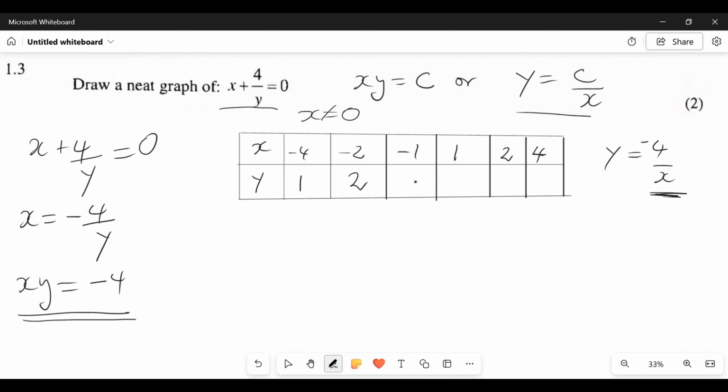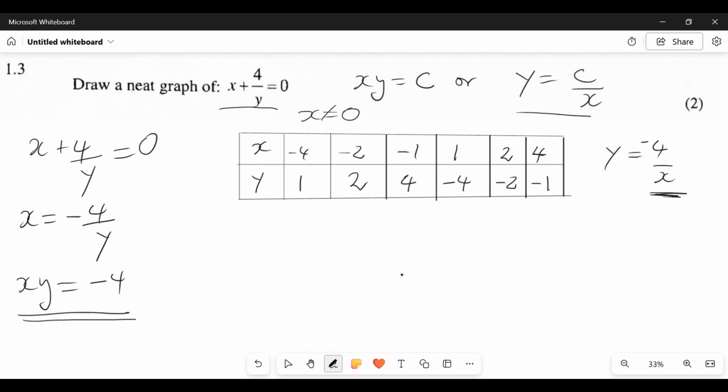When x is negative 1, our y is going to be 4. When x is 1, our y is going to be negative 4. When x is 2, our y is going to be negative 2. And when x is 4, our y is going to be negative 1. There we go. So we have our coordinates here, and it's time for us to draw the graph.